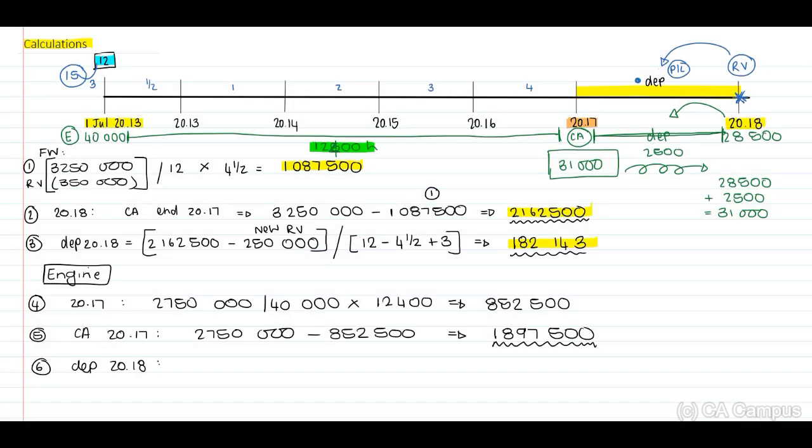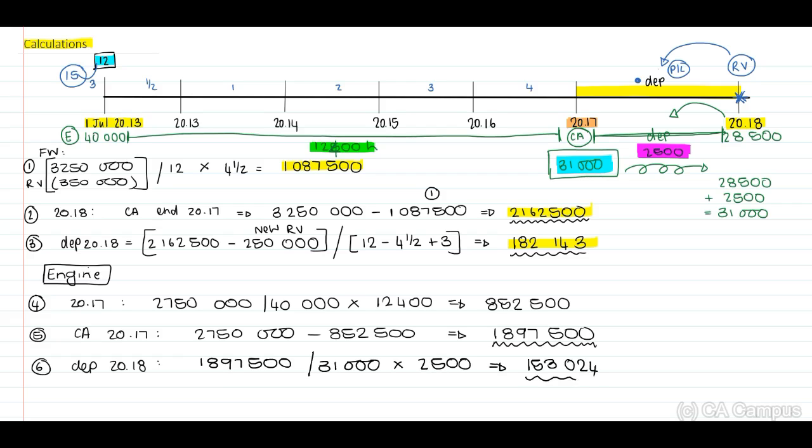Our current year's depreciation, we now need to use our new remaining useful life, 31,000, and we need to calculate this based on the hours flown for 20.18, 2,500. Therefore, this will be the 1,897,500. Divide this by 31,000 times 2,500. And this will be 153,024.